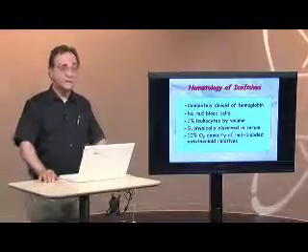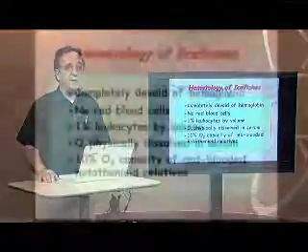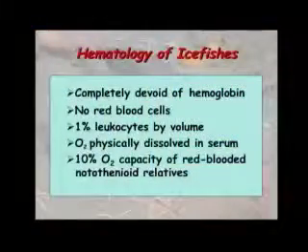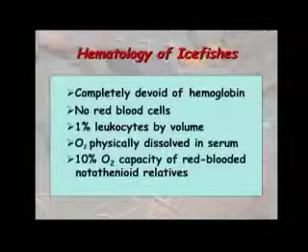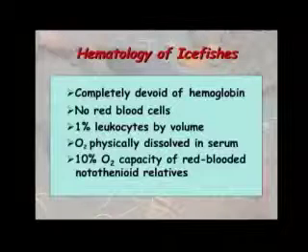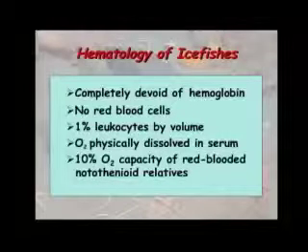They did have white cells, 1% leukocytes by volume. They apparently lived on oxygen that was physically dissolved in their serum, and based on comparison to a red-blooded fish of comparable weight, that means the icefish has about 10% of the oxygen carrying capacity per unit volume of blood.